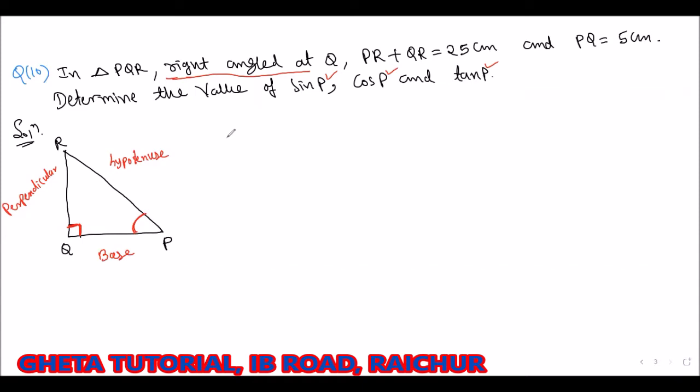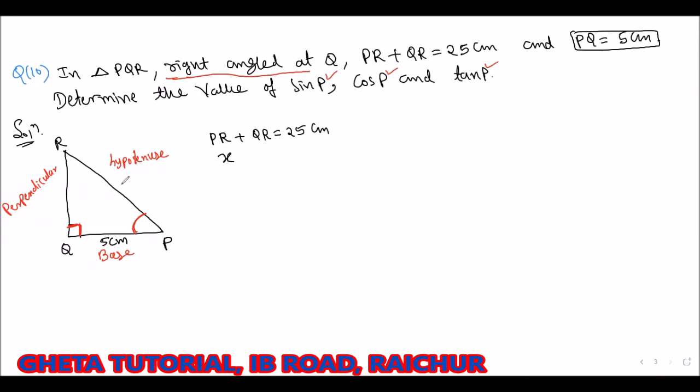Now the question says PR plus QR is equal to 25 centimeters and PQ is equal to 5 centimeters. So PQ is equal to 5 centimeters.